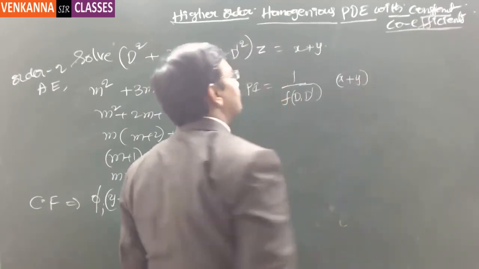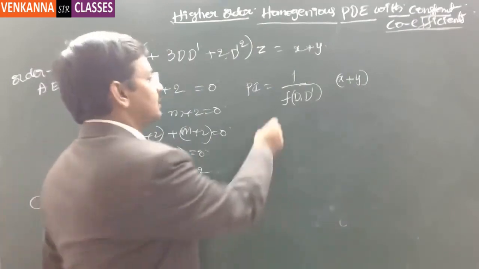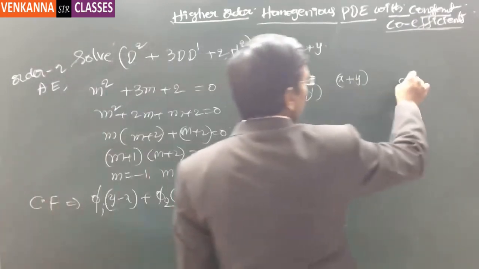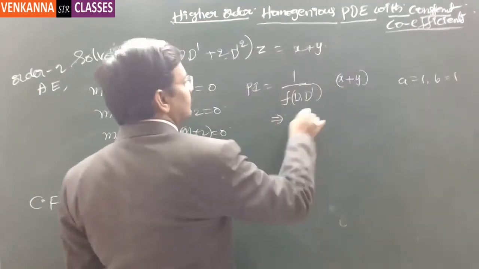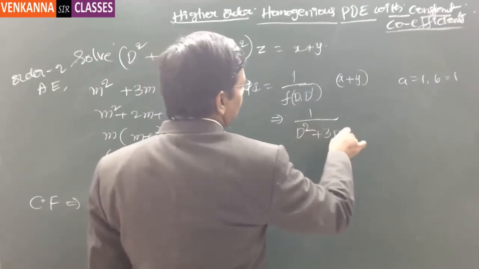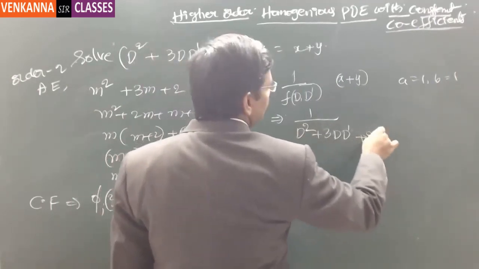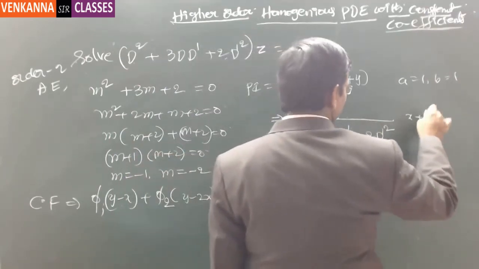This x plus y is a function of ax plus by, and in this case a is equal to 1 and b is equal to 1. So you can substitute in the equation: 1 by D square plus 3D D dash plus 2D dash square operated on x plus y.